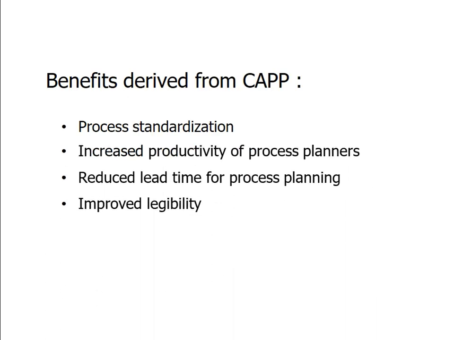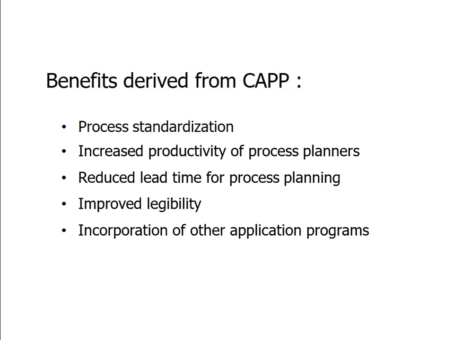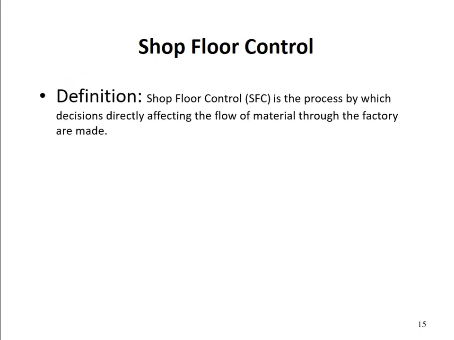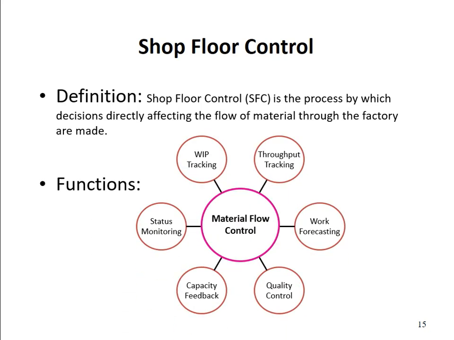So the benefits are normally improved legibility and reduced lead time. And you know what a shop floor is? Shop floor is where you can directly see the flow of materials in the factory. Everything we have discussed before will come into the picture of this shop floor, where we have to manage.